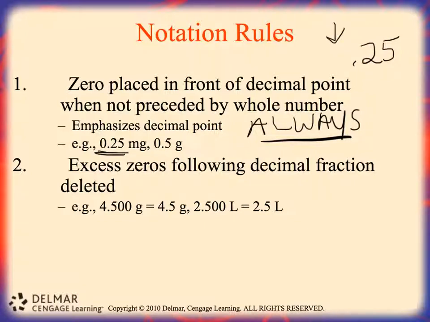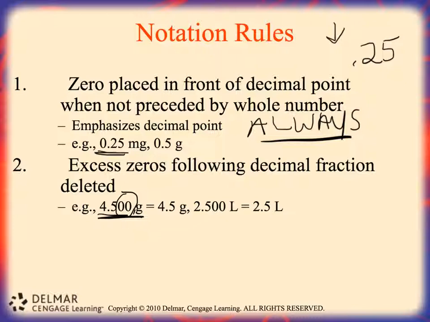Okay, and then the other thing is we always drop excess zeros following decimal fractions. For example, down here, 4.500, you do not need these zeros at the end.